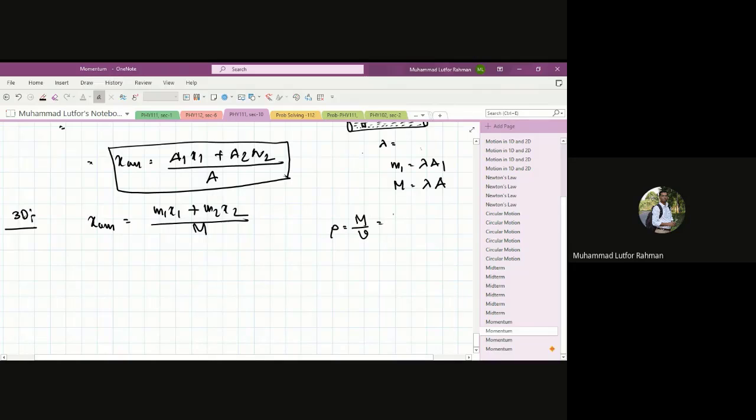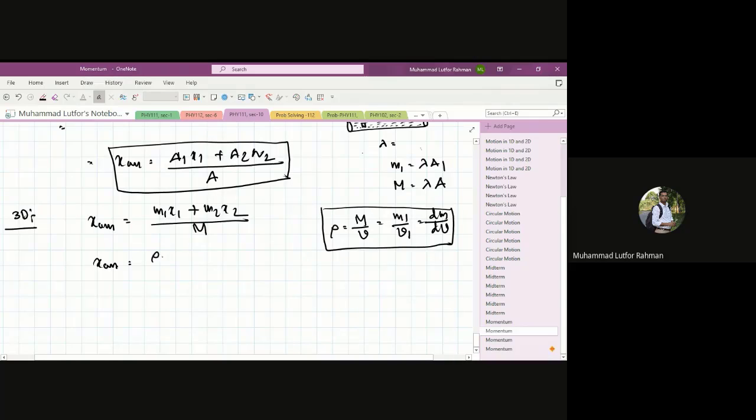Or I can write m1 divided by v1, or dm over dv. This is actually the key point to transforming this equation into a form. Now we can replace this equation over here again.